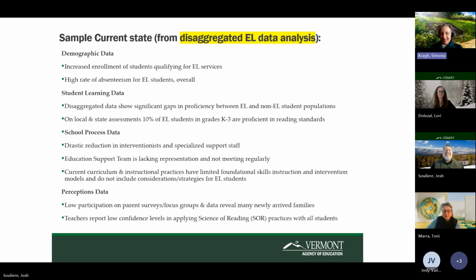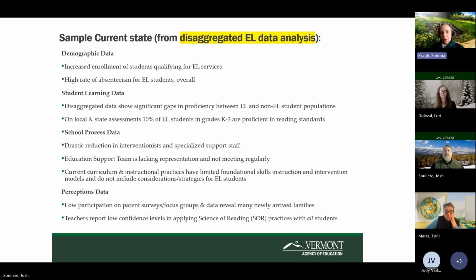Let's now look at an example of how some findings from the CNA might be incorporated into the SIP. And here is an example of how goals might be developed using disaggregated data analyses from the comprehensive needs assessment process. In this example, disaggregated data for English learners reveals many potential needs across multiple data categories.